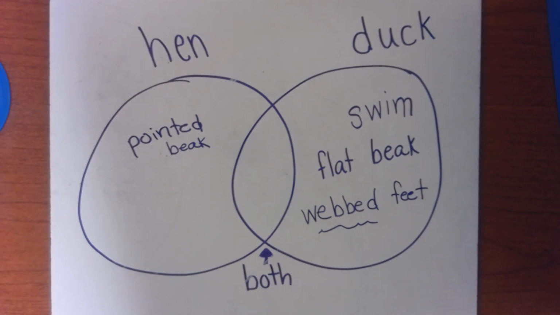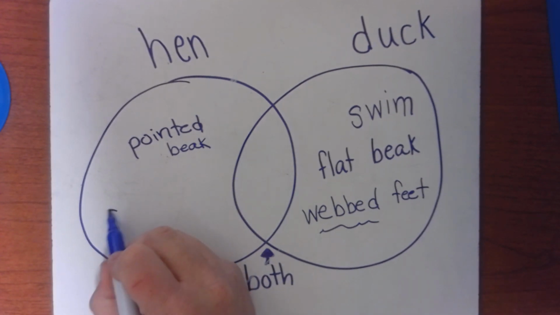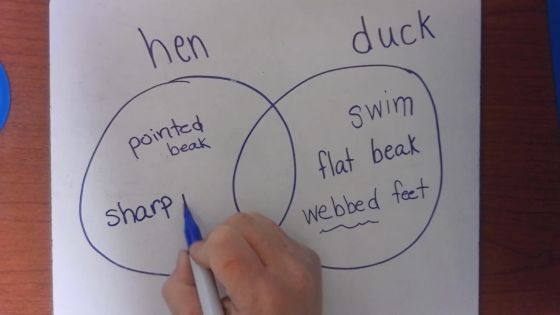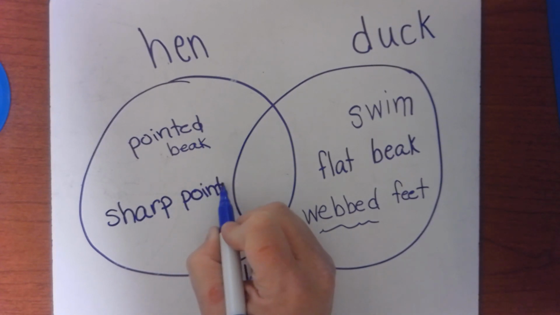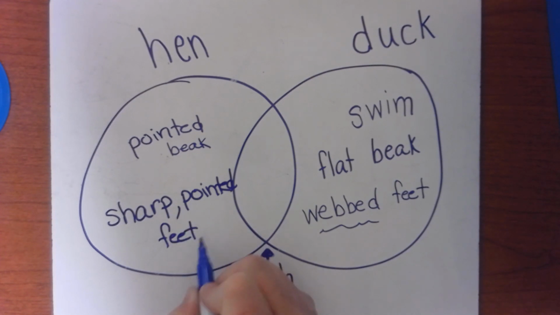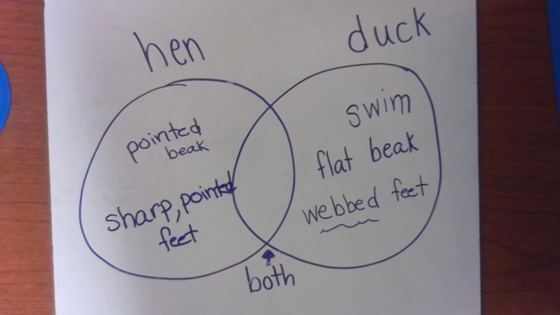It helps them so they are expert swimmers. Does my hen need to have webbed feet? No, you're right. They have sharp claws and pointed feet. They're going to be scratching in the dirt to find seeds and bugs. So their feet are going to be different.